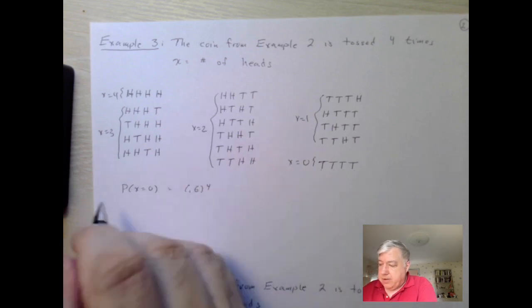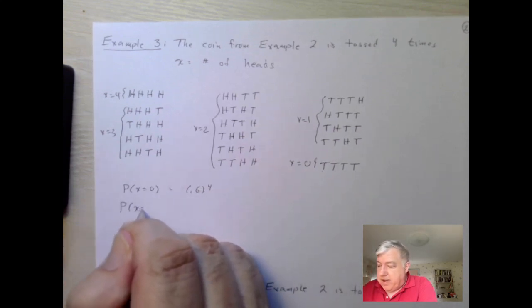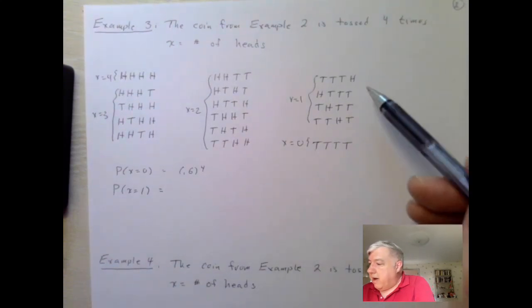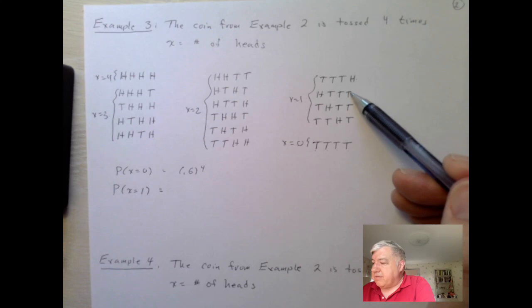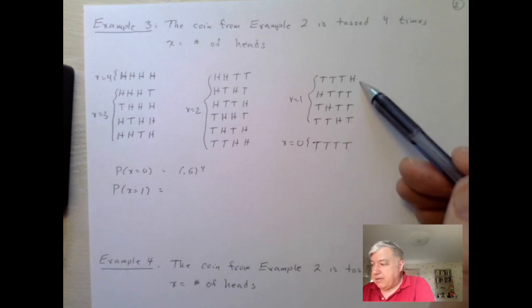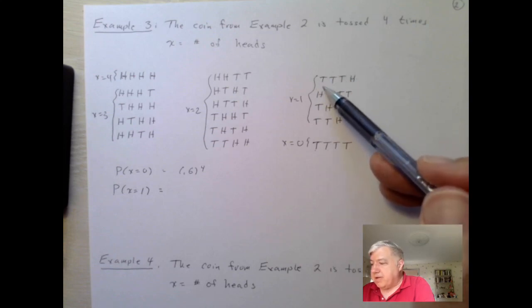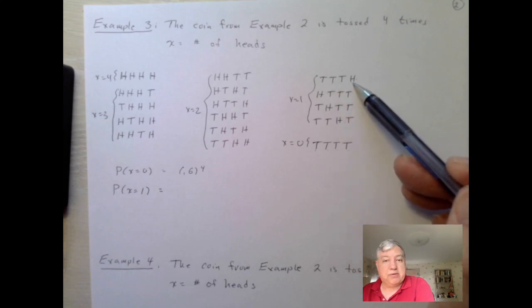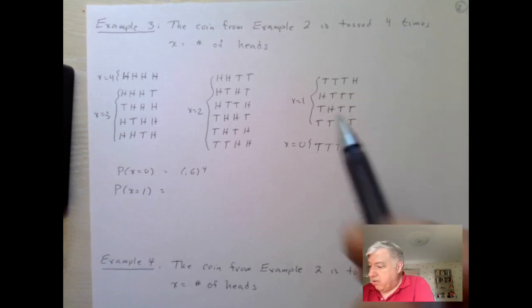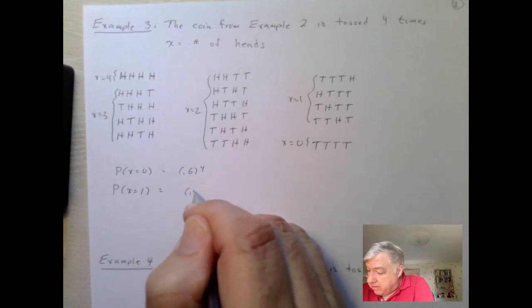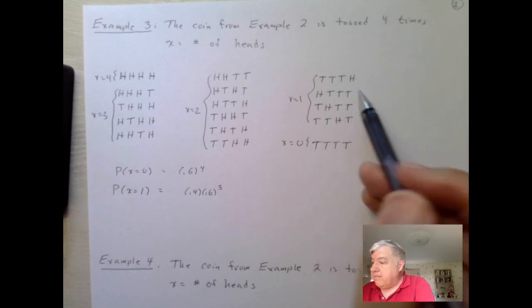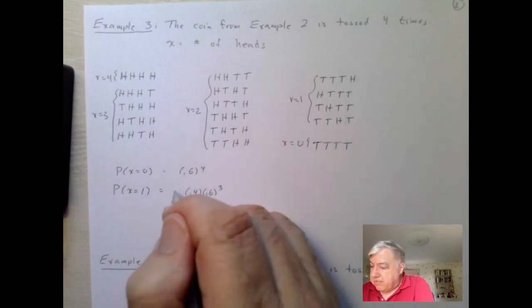The probability x equals 1, that would be the probability of this plus this plus this plus this, and the probability of any one of these would be 0.6 times 0.6 times 0.6 times 0.4, or rather 0.4 times 0.6 cubed, but because there's 4 of these, we'll put a 4 in front here.